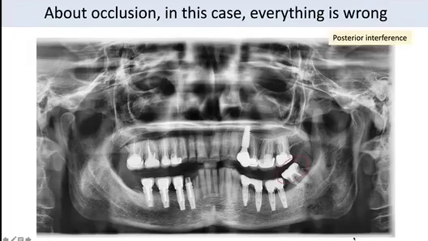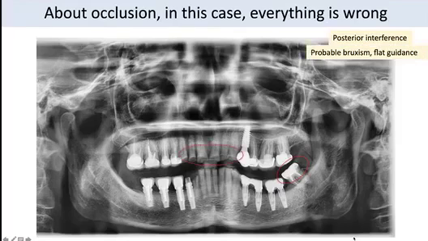If you look at the last molar on the left side, probably there is a very strong posterior interference. If you look at the wear process of the anterior teeth, probably bruxism and flat guidance, and possible very asymmetrical guidance between the right canine here and the left canine. Probably, I don't know because I have not the clinical view.